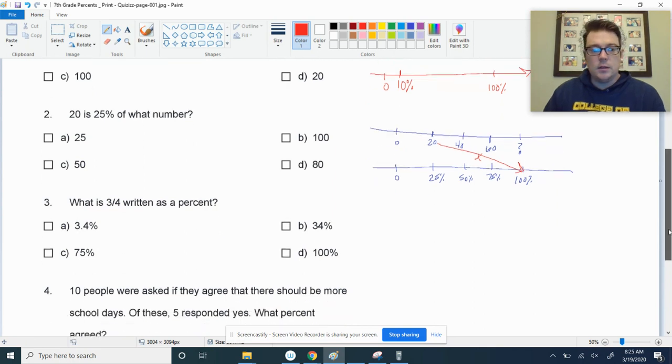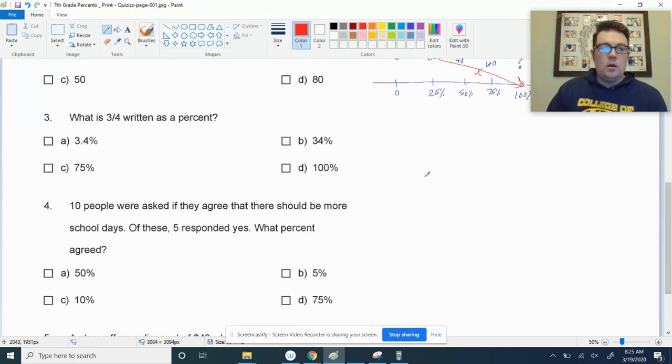And let's continue on. What is 3/4 written as a percentage? Okay, so a couple of different ways we could think about this one. I think a lot of you would probably know that this is mental, but let's do another double number line just to show what they're talking about here.